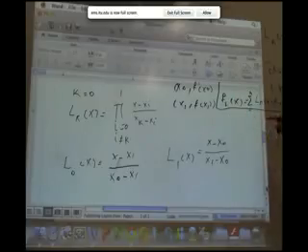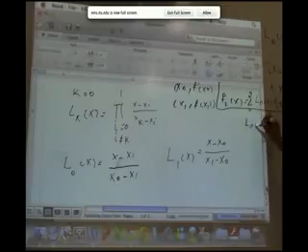It's equal to L0 of x, f of x0, plus L1 of x, f of x1.